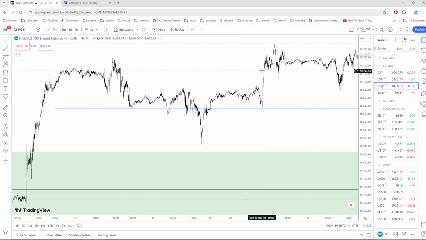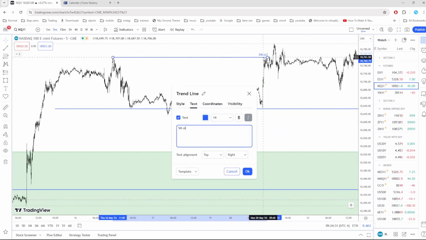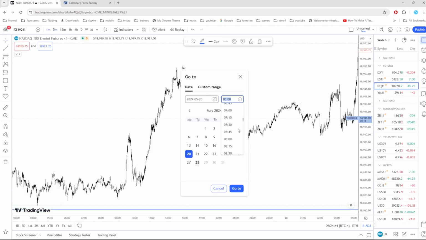Let's find that again. Thursday, Monday should be here. You have higher time frame liquidity, a 5-minute old high right there. Let's mark this out. Back to a 1 minute.